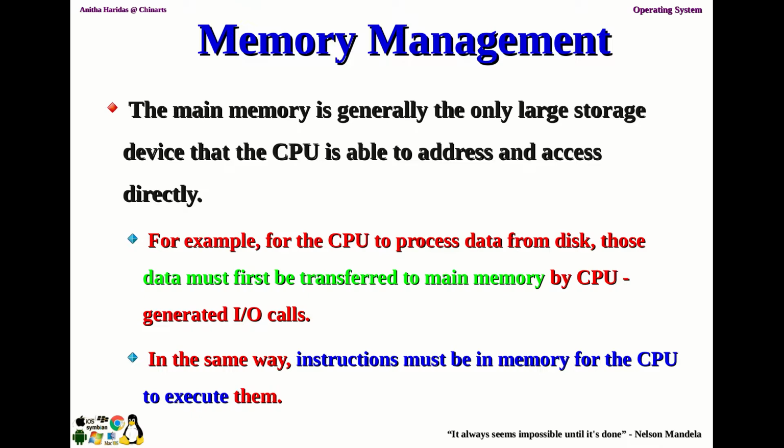So if you want to read something from the keyboard, data will first be stored in the primary memory, and only then does it reach the CPU. In the same way, the CPU writes data into the primary memory, and from the primary memory it goes to the output device. So whatever you type on the keyboard is not directly displayed on the monitor. Whatever you type goes to the primary memory, and from there it goes to the output device.